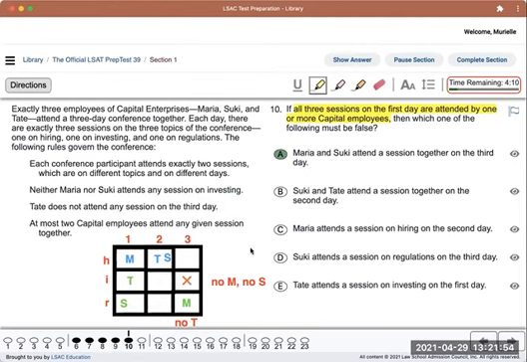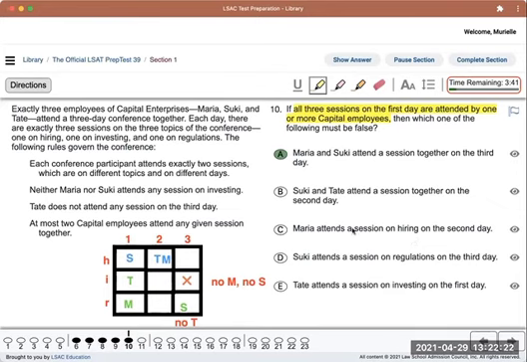That would be fine. S attends a session on regulations on the 3rd day. Yeah, we can make that work. We just have to switch M and S, right? So I'll just show what that would actually look like. Okay. So you can see an example of both of those there.